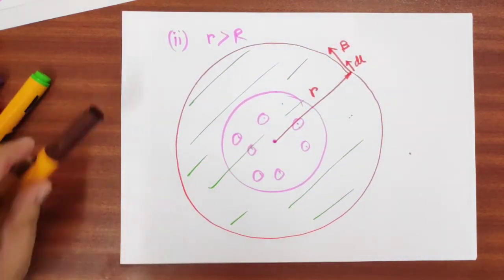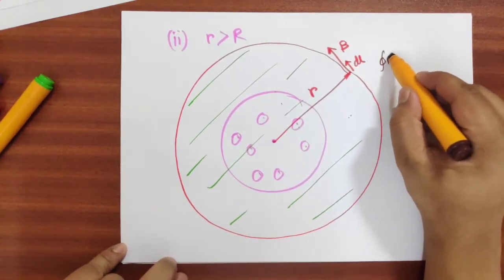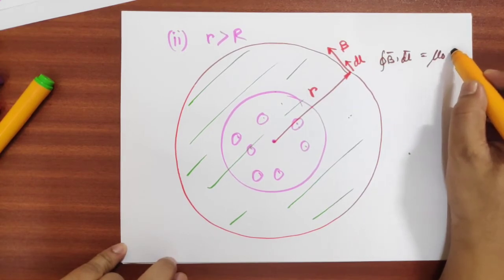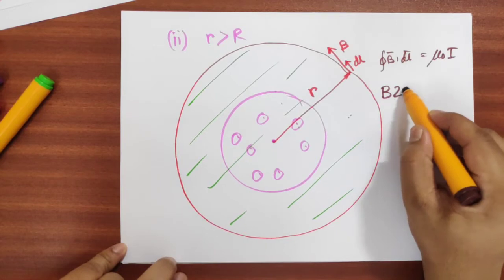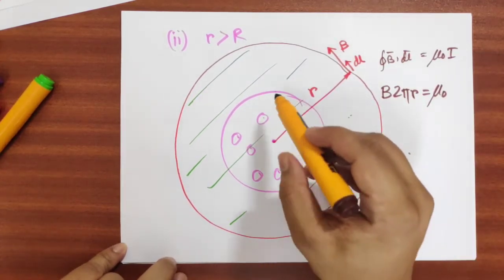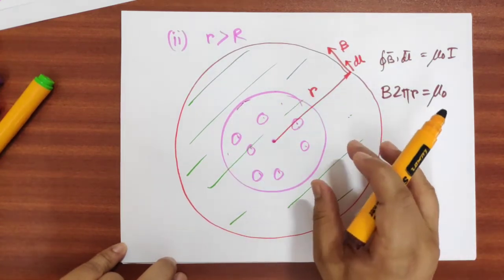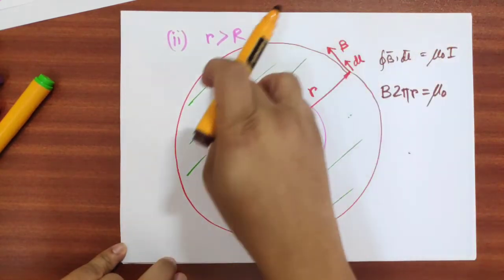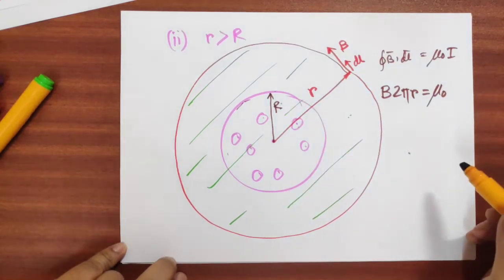Now we'll apply Ampere's law. The integral of B dot dl is equal to mu naught into I. So B into 2 pi r equals mu naught into, here the whole current will count, because small r is greater than capital R, however large it may be.